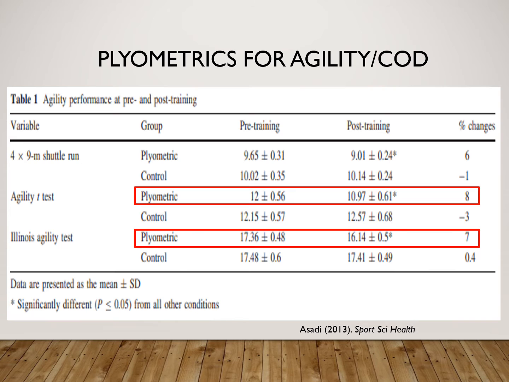So by utilizing the plyometric characteristics, where we have this high eccentric loading and a high reactive strength component, we can improve our deceleration capabilities as well as our acceleration capabilities as we exit the change of direction.